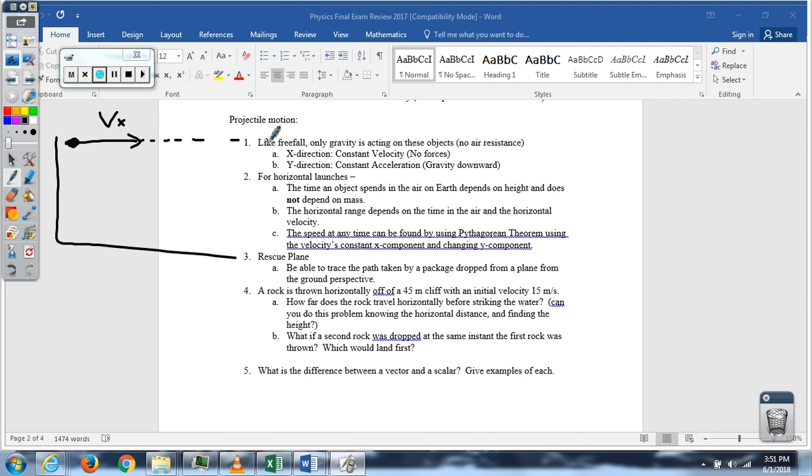So that is also going to be the same velocity that the package will have when it's dropped from the plane. And so, like any projectile, it's going to follow a curve. But at any point in time, the plane is always going to be over top of the package, as long as the plane maintains the same speed.